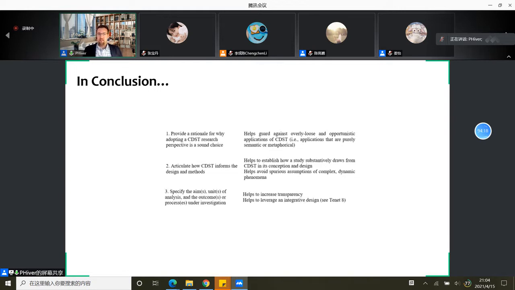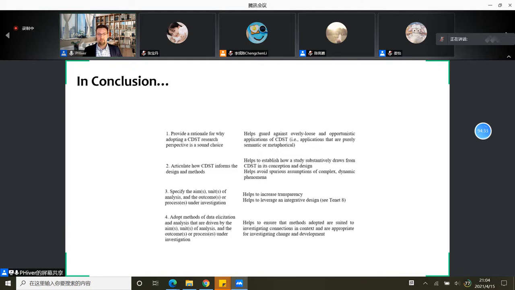Another lesson is that complexity theory research should specify the aims, specify the unit of analysis, and specify what is under investigation. Is it an outcome or is it a process? When it comes to the nitty-gritty, when we do complexity theory research, we should adopt methods of data collection and analysis techniques that come from the aims, the unit of analysis, and what we're investigating.